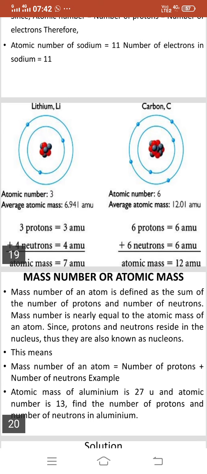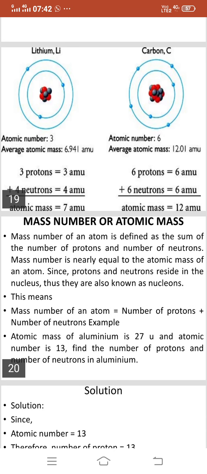So 3 protons plus 4 neutrons in lithium, the total atomic mass is 7 AMU. And in carbon you can see 6 protons and 6 neutrons, 6 AMU plus 6 AMU, that is 12 AMU.